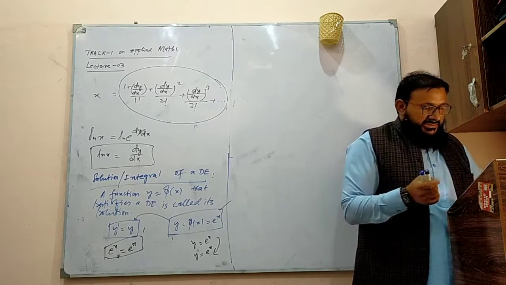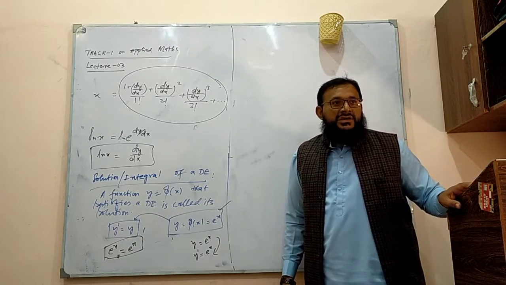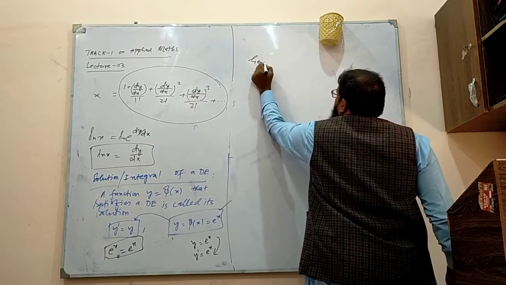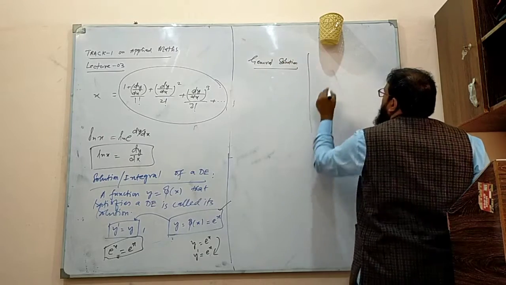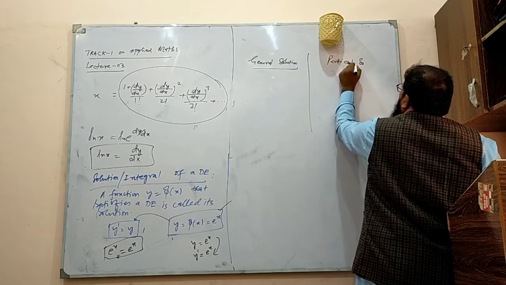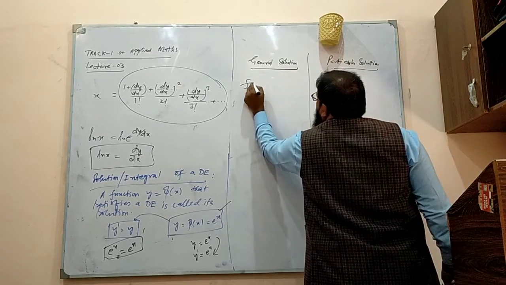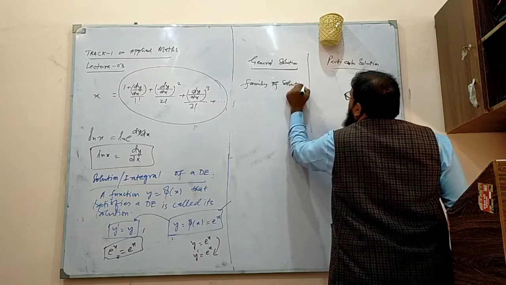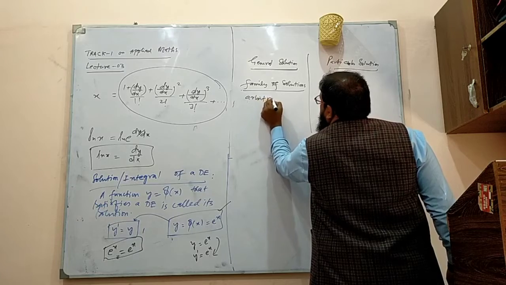There are basically two types of solutions: one is called a general solution and another is called a particular solution. What is a general solution? It is basically a family of solutions involving some sort of arbitrary constant.